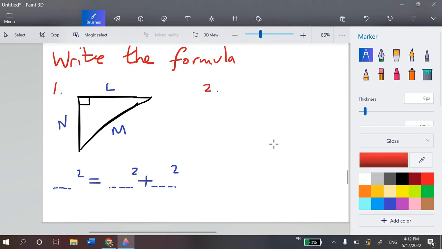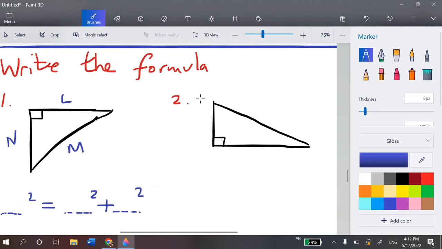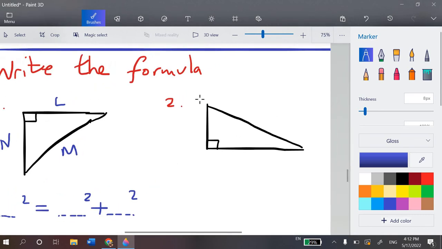And question 2. E, E, F. Again, these are the corners.